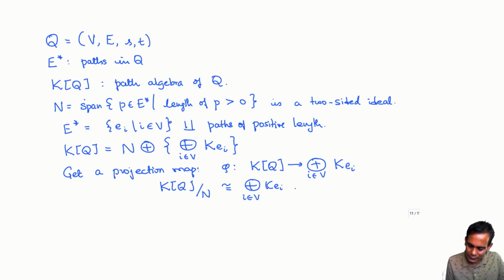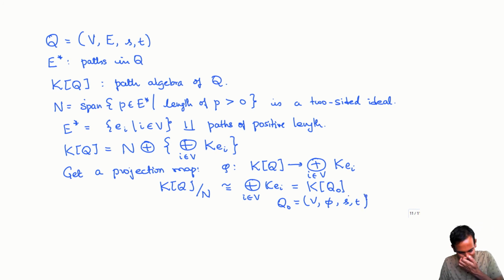So this is the path algebra of the quiver I'll call Q0, where Q0 is the quiver with the same vertex set, the empty edge set, and of course S and T, well, don't need to specify them, they are functions from the empty set to V. So KQ mod n is actually isomorphic to KQ0, the path algebra of the quiver with no edges.